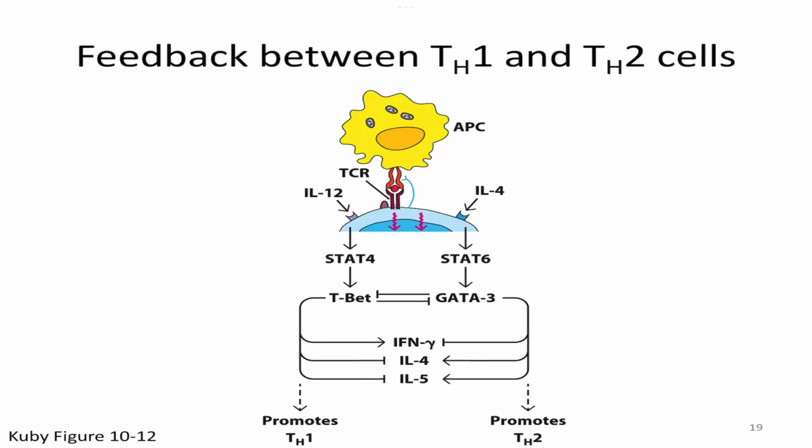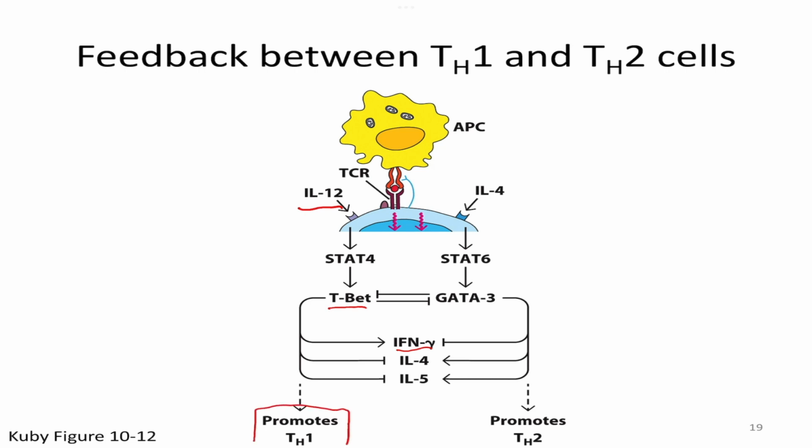So not only are our antigen presenting cells producing some cytokine that can push a Th0 cell towards being a Th1 or Th2, but those cytokines also provide some other feedback. And so when a cell gets IL-12, it does turn on TBAT. That does turn on interferon gamma and promotes the cell becoming a Th1 cell.